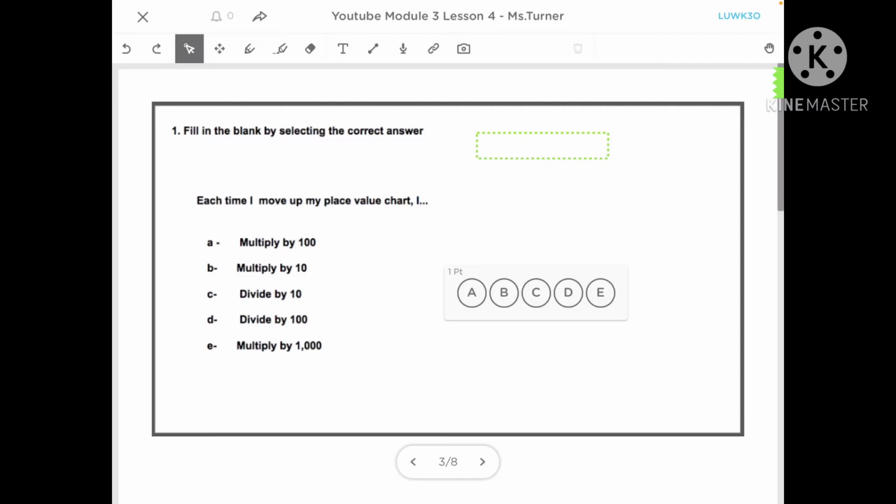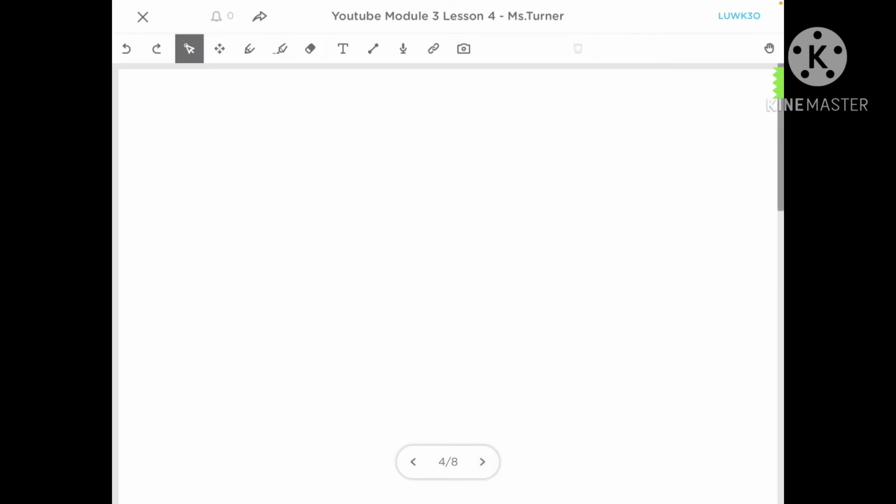What am I doing? I want you to think back to the very beginning of the school year. If you said B, you are absolutely correct. We are going to be multiplying by 10 every single time we move to the next place value. This is very similar, you guys, to measurements where every single time we moved up a step, we multiply it by 10. It is the same concept.